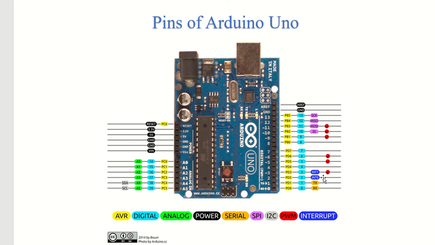Now coming to the final two pins, the TX and RX pins. These are serial input serial output pins, or they can also be used as digital pins 0 and 1. As you can see, they have also been numbered as digital pins 0 and 1 here. So the TX and RX pins are serial pins. You can see TX RX here in the serial port.